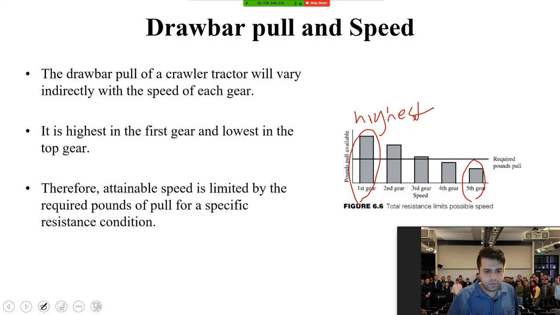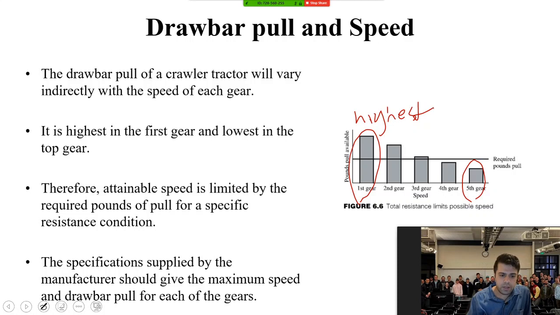So therefore attainable speed is limited by the required pounds of pull for a specific resistance condition, and the specifications supplied by the manufacturer should give you the maximum speed and drawbar pull for each of the gears. Usually that is provided for the users.